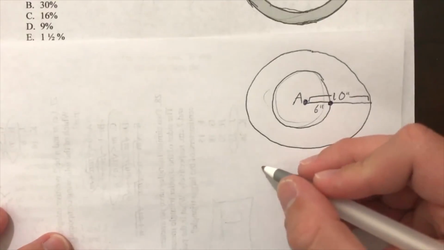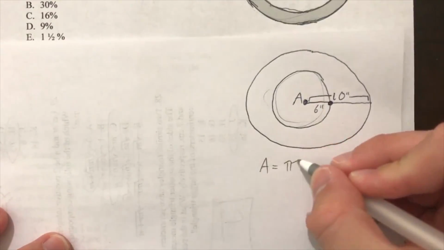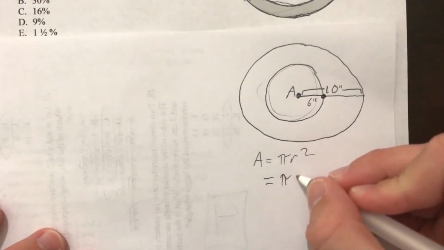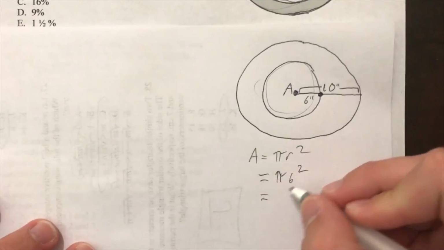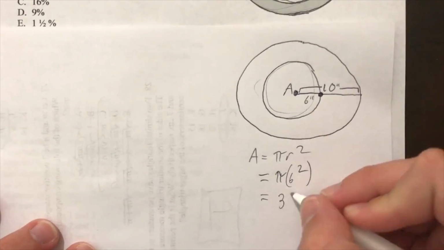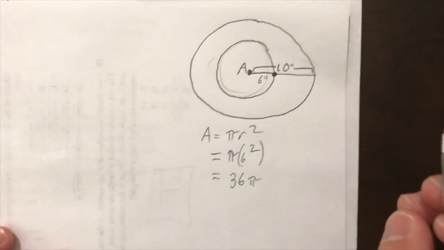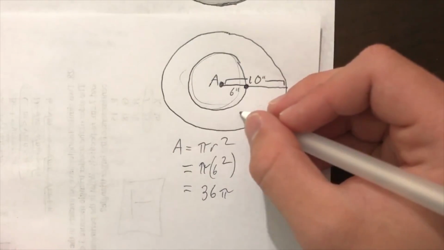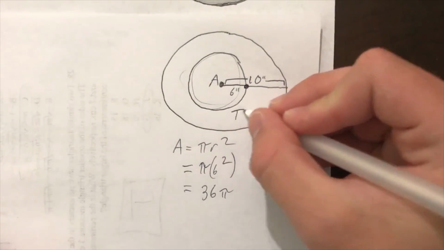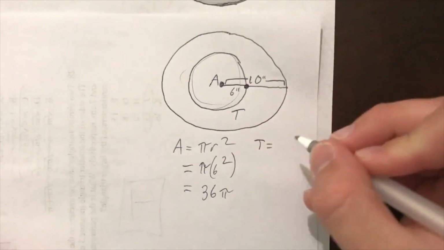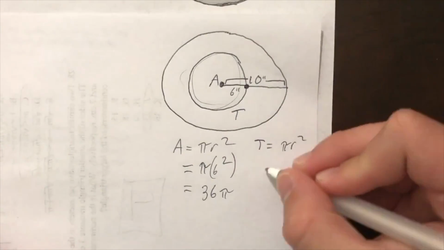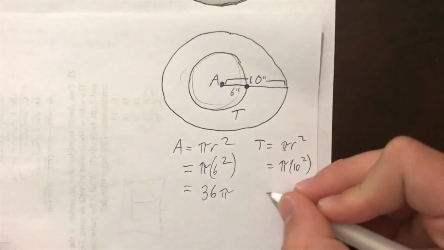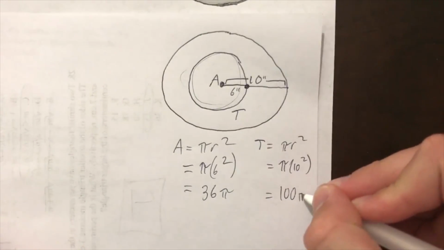Area equals pi r squared equals pi 6 squared equals 36 pi. And the area of the outside circle, let's call that T for total. T equals pi r squared equals pi 10 squared equals 100 pi.